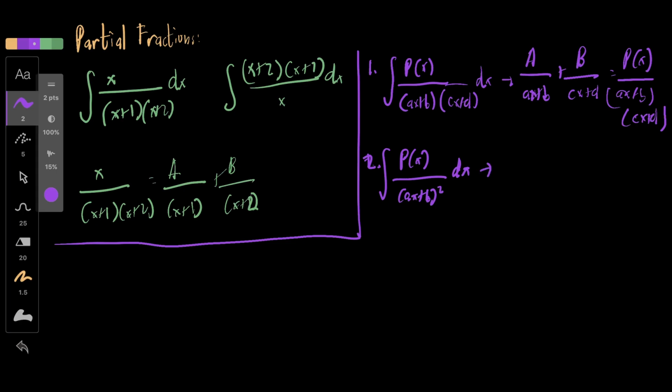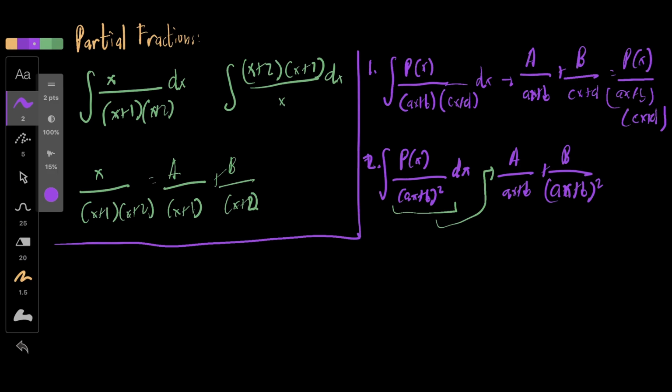Well, this fraction would equal capital A over ax plus b, plus B over ax plus b squared, and you would add powers and so on and so on.